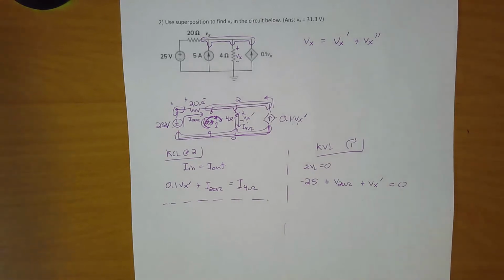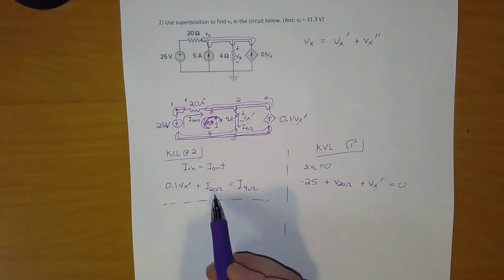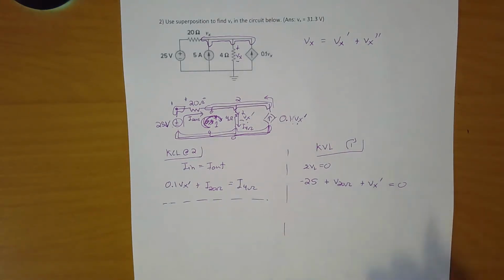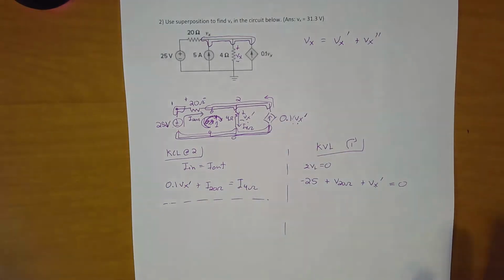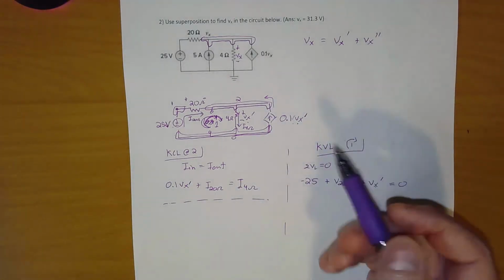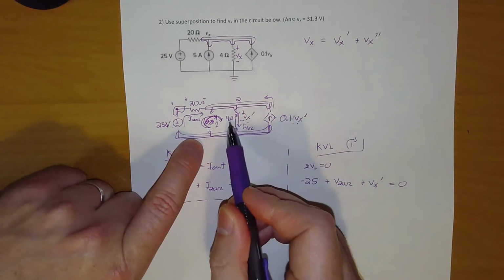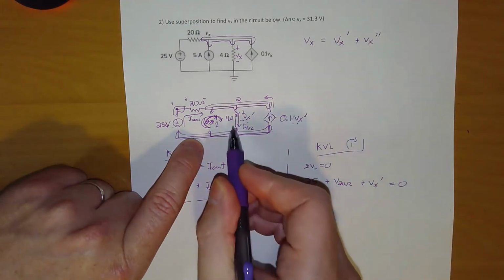And so what I want to do is get rid of the I20 ohm, the I4 ohm, and the V20 ohm. And I can do that with some different methods, because I want to keep everything in terms of Vx prime. That's what I want to do with everything. So let's start off with the 4 ohm resistor, because that's going to be the easiest one to do a substitution with.